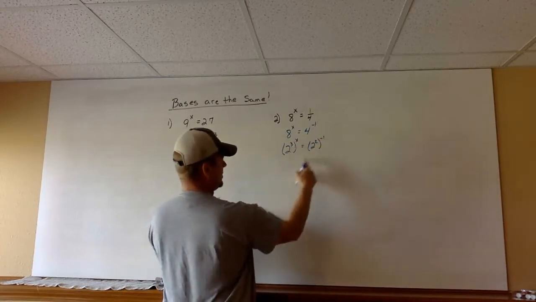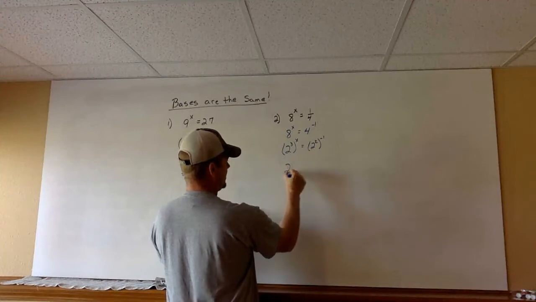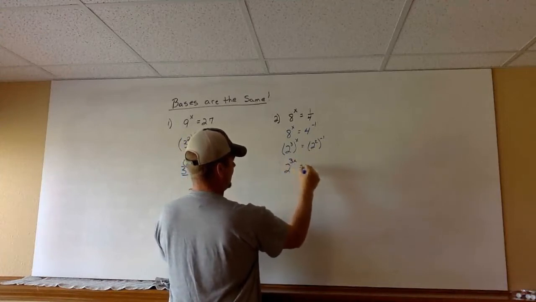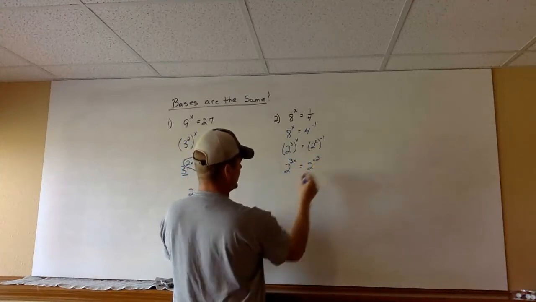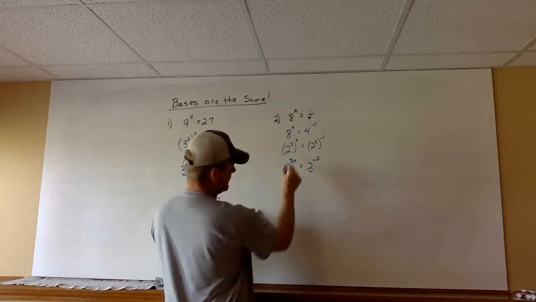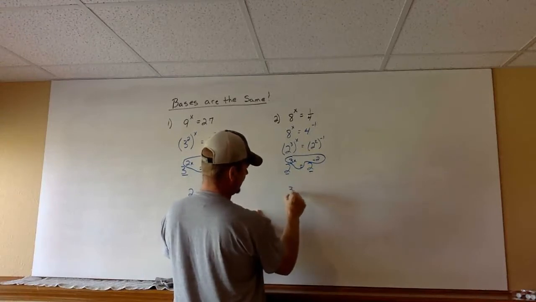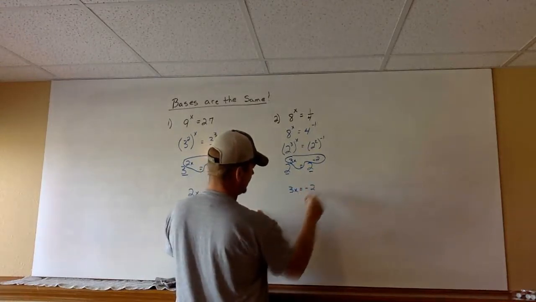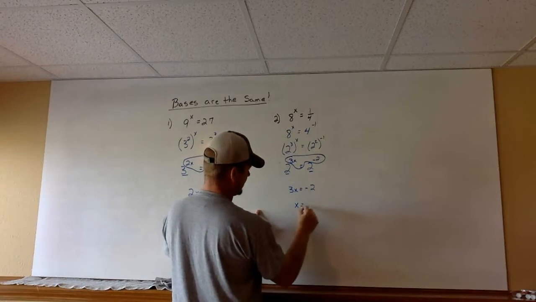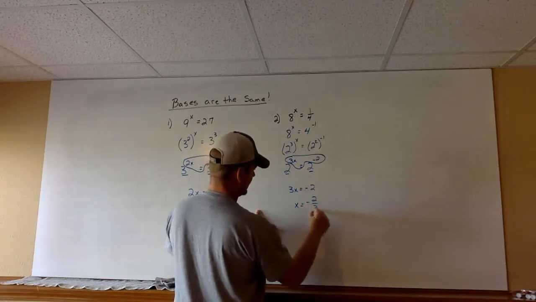I take my power to a power on both of those, and I have 2 to the 3x equals 2 to the negative 2. Once my bases are the same, I just need to set my exponents equal to each other. 3x equals negative 2. So in this case, x equals negative 2 thirds.